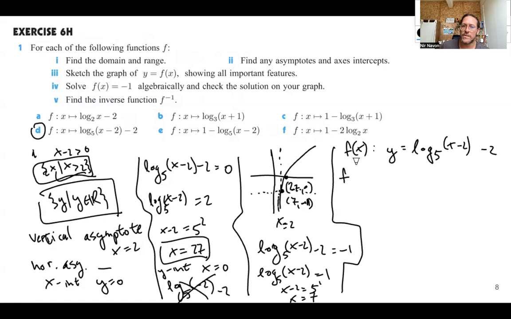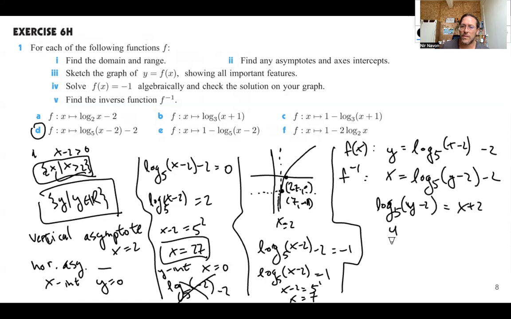So for the inverse function, we change between the x and the y, and we isolate the y. So this is our inverse function.